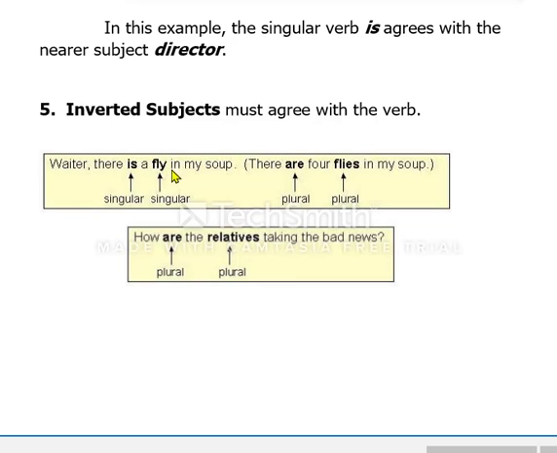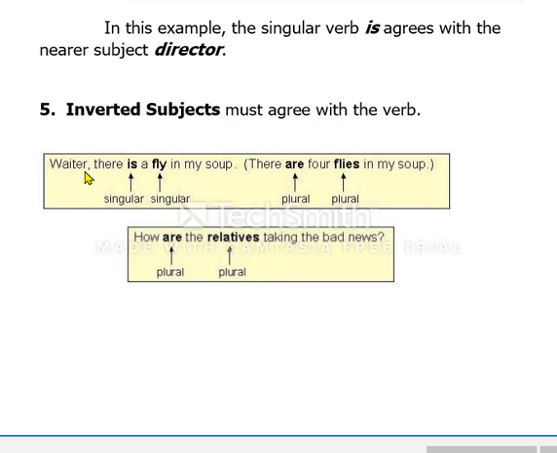Inverted subject is basically, here, this is the addition of a comma, and there is a fly in my soup. I mean the sentence is in inverted form, and because this is someone who is not present, who has not been mentioned by the writer, that who is going to ask through the waiter that there is a fly in my soup. This is basically an inverted sentence.